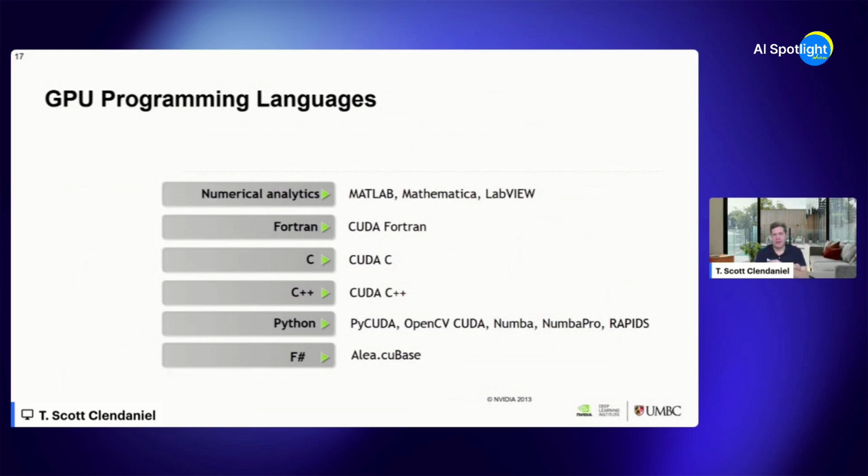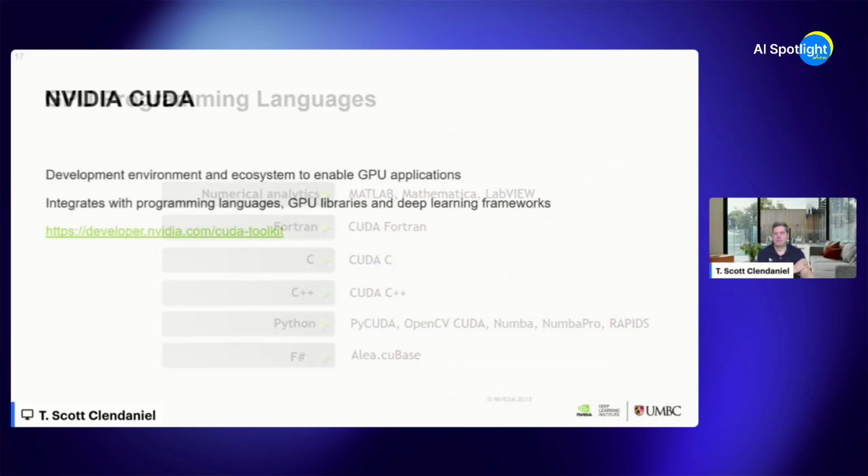And there's the list. You're going to notice CUDA as an application for a lot of these things, and CUDA is one of the things we're going to be covering later in the class. So be aware of that.